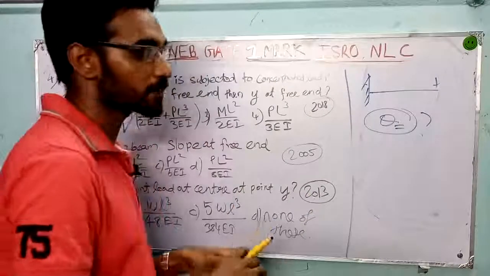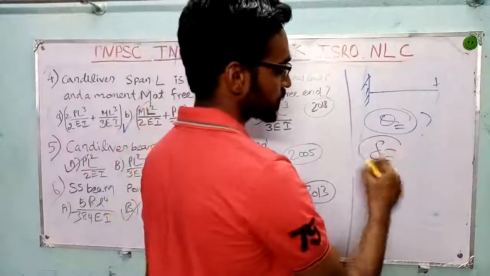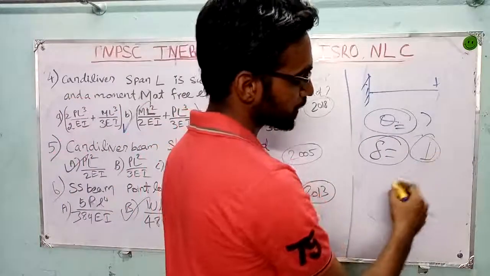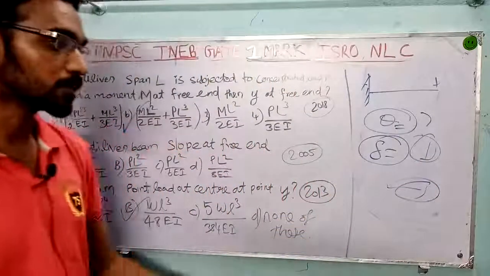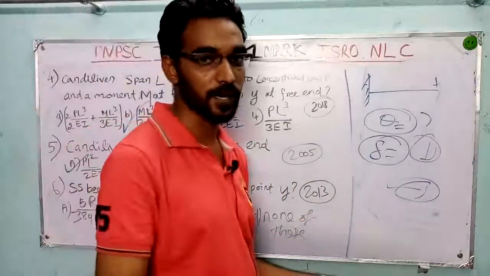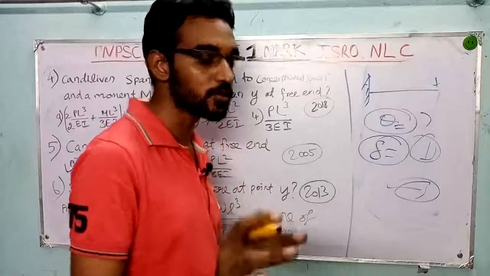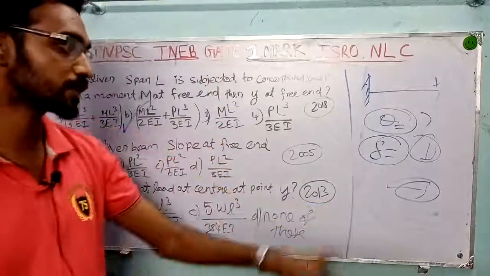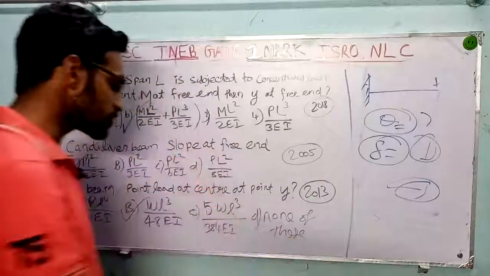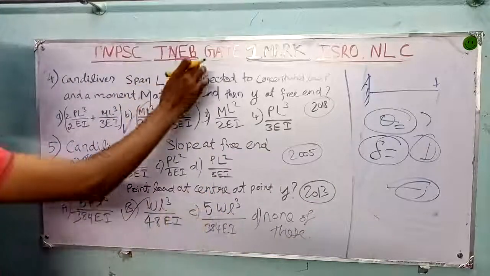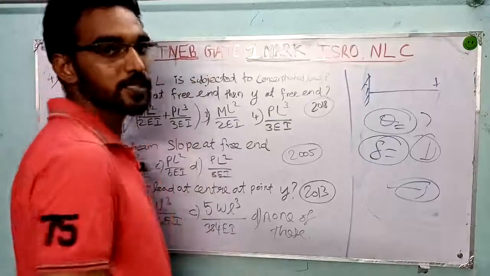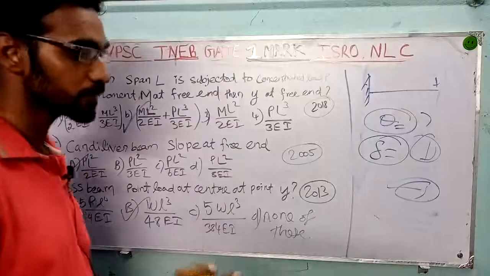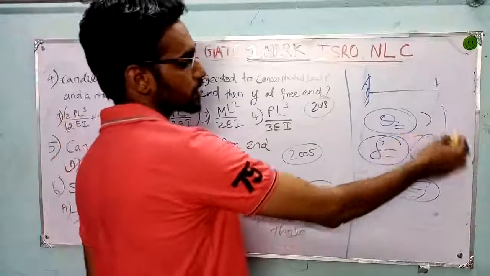For example, if you use Castigliano's theorem to get the answer, it takes so much time and you will lose another question's opportunity. So don't make this mistake. You are going for the TNEB AE exam, so don't do the steps.